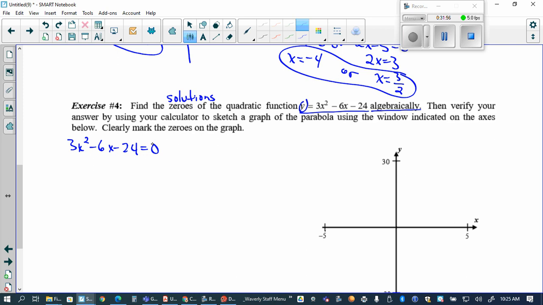Wouldn't that make life easier? So let's factor out a 3. That leaves us x squared minus 2x minus 8 equals 0. It'd be nice to be able to just ditch that 3 altogether, wouldn't it? Divide what by 3 exactly? Both sides.